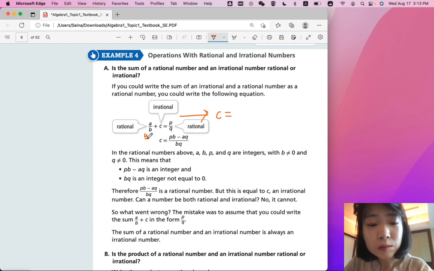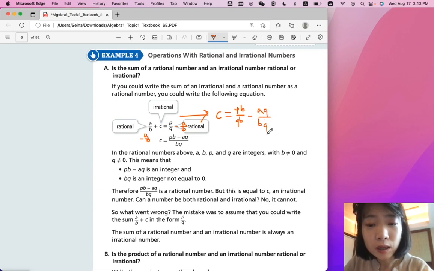So if you subtract A over B on both sides, then A over B minus A over B is 0. So you get C is equal to P over Q minus A over B. And in order to subtract them, you multiply the denominators and make PB over QB minus AQ over BQ, right?